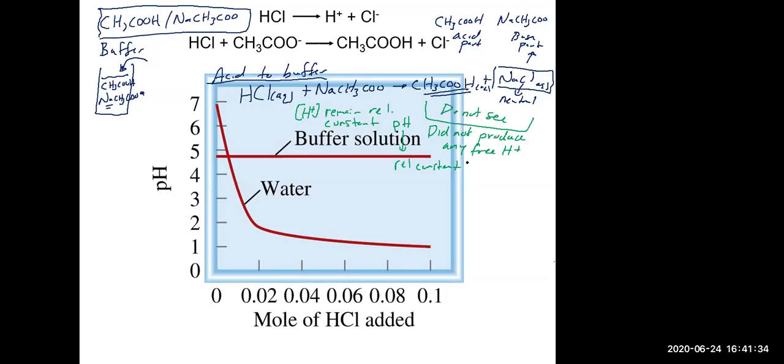So one way a buffer is able to maintain the pH when you add an acid to it is the base part of the buffer will react with the acid you're adding, and essentially what it will do is prevent the formation of free H plus in that solution. And because it does that, it allows the H plus concentration to remain relatively constant. And in turn, that allows the pH to remain relatively constant.